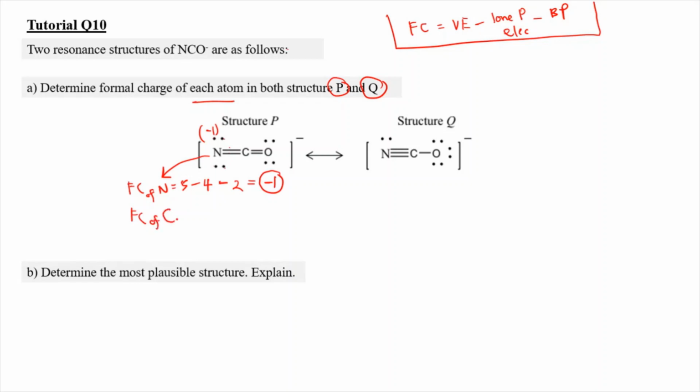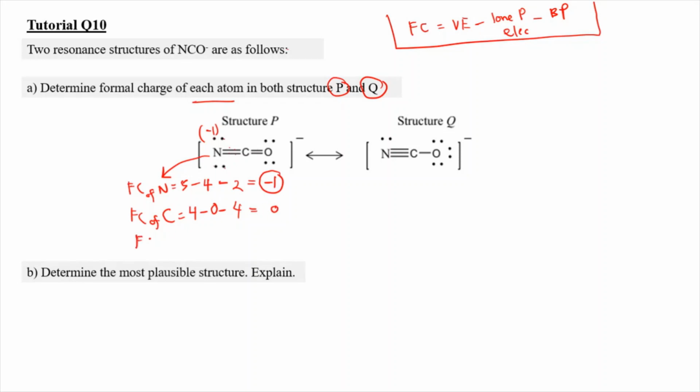Formal charge of carbon. So for carbon, we're going to have 4 valence electron minus 0 lone pair electron. Tiada lone pair kan? Jadi, we have 4 bonding pair. 1, 2, 3, 4. So we're going to have a charge of 0.